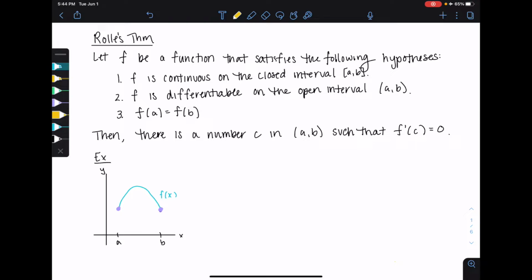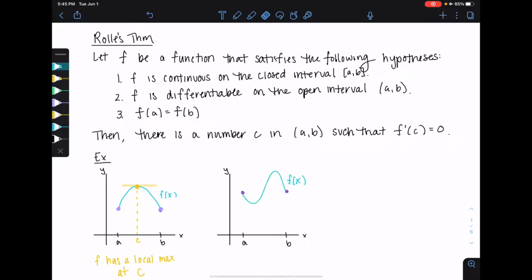What Rolle's theorem tells me is that, because of this continuity, if I come back up, I have to go back down. I'm guaranteed that I'm going to have a flat tangent line somewhere inside of here. And this is really useful for us because this value of c is going to correspond to a local max.